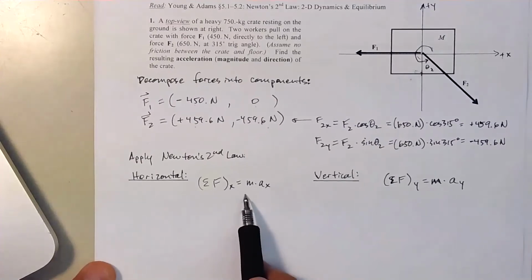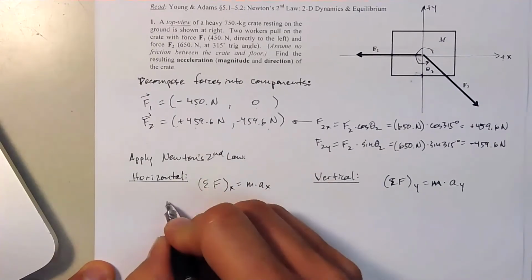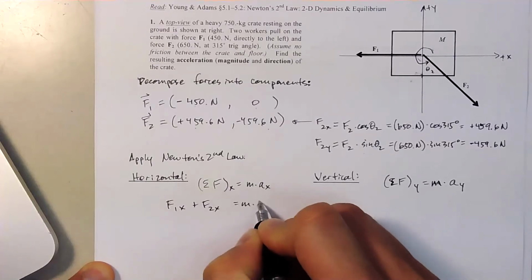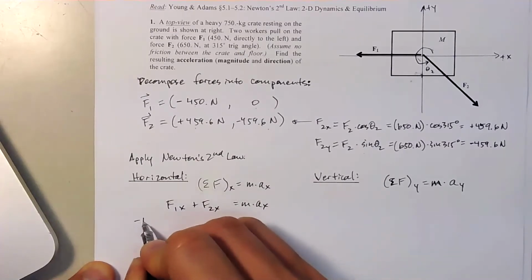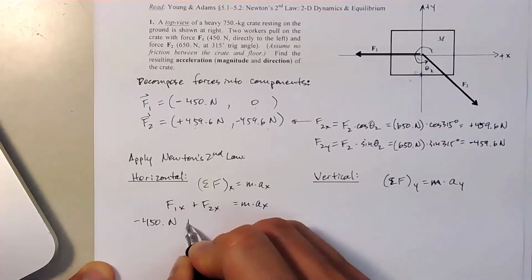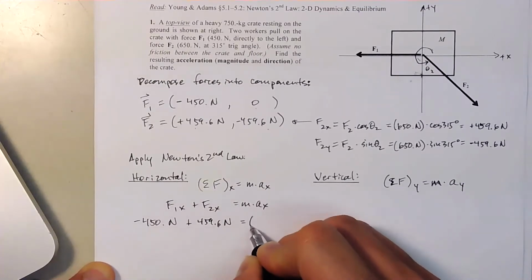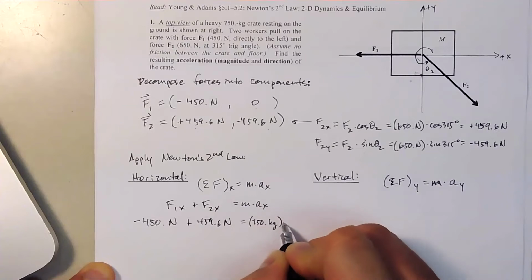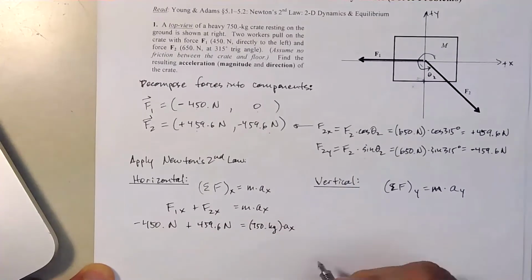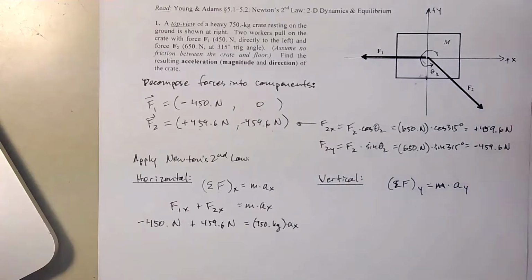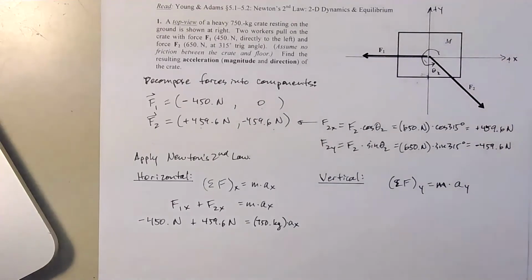That's the mass m. So this will be F1x plus F2x. So we're adding up those components just to write things out a little formally. Okay, and then I need to ask my calculator what that is.